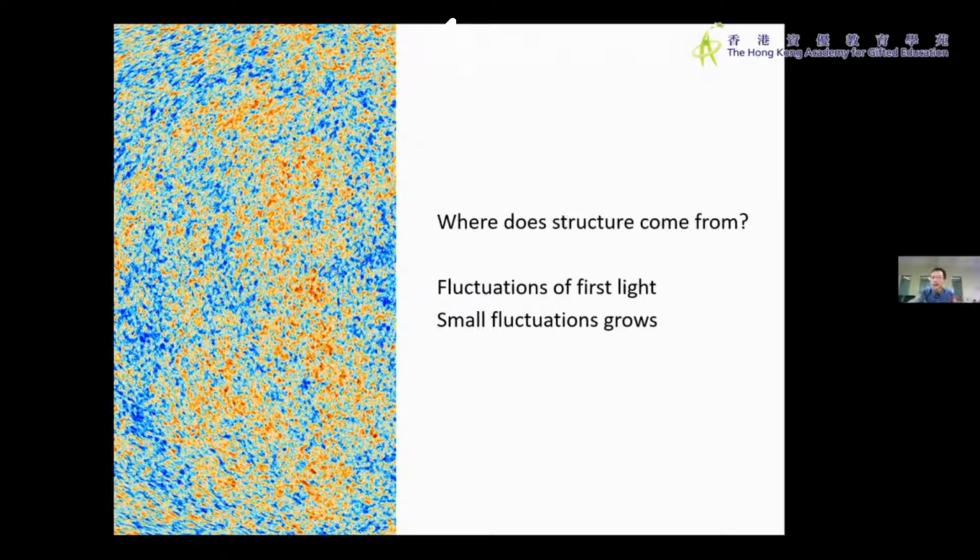Imagine that there is some matter. Originally, there is a very small overdensity, meaning that the density in this part is slightly higher. What will this part of matter do? This part of matter will attract other parts of matter.